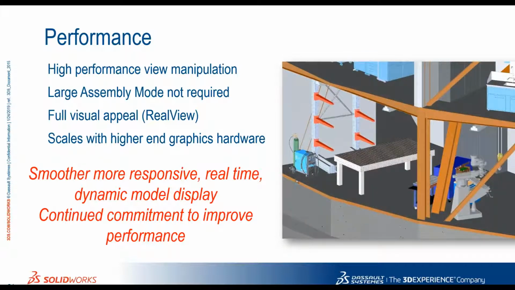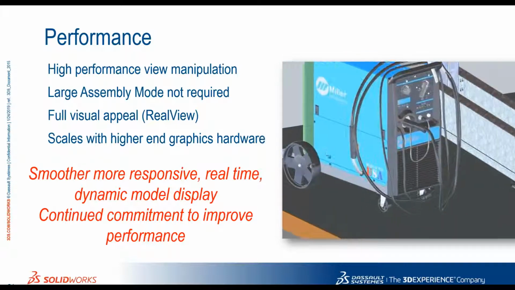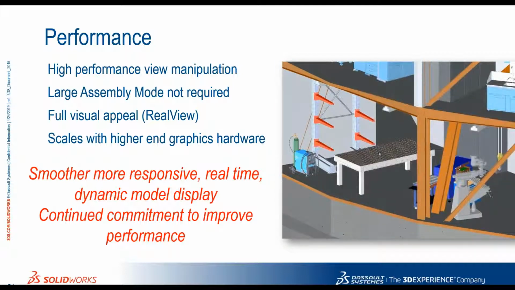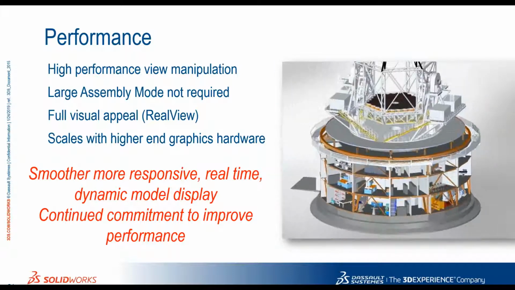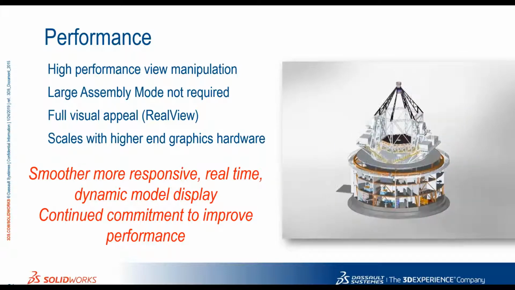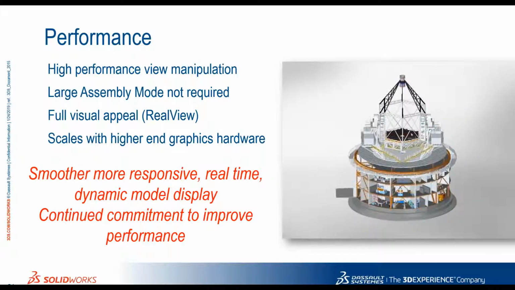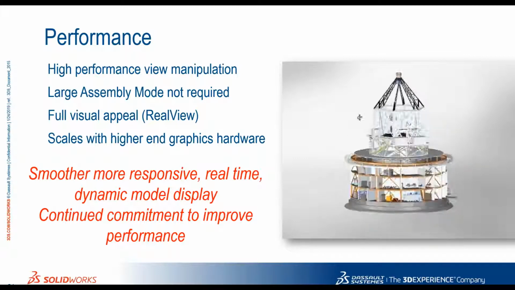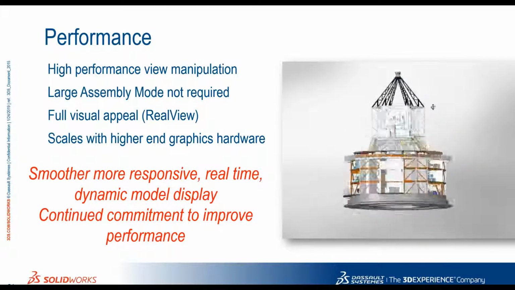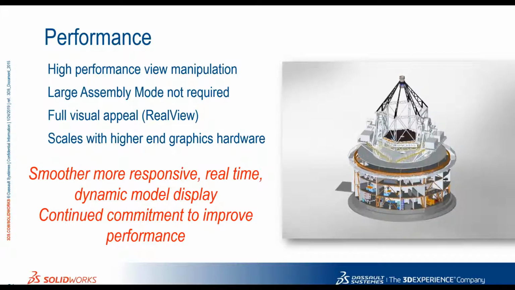We can keep our real view on more often. And again, this scales with the higher end graphics hardware. So the better your card is, the more performance returns you should see. And this all culminates to a smoother, more responsive, dynamic performance. So that's a nice thing about 2019, is the performance can definitely be seen and felt.